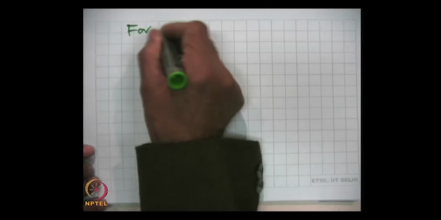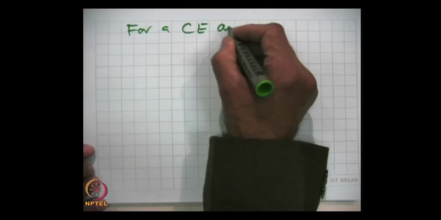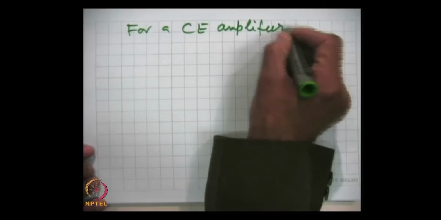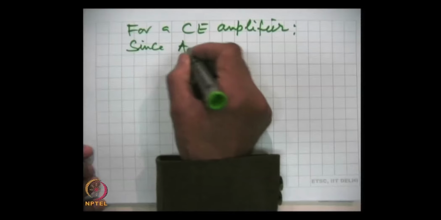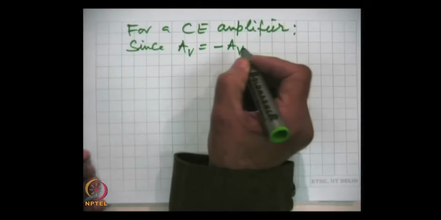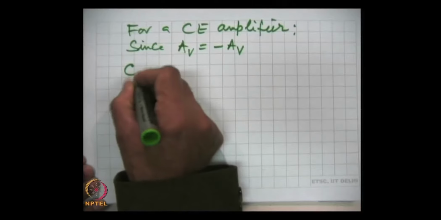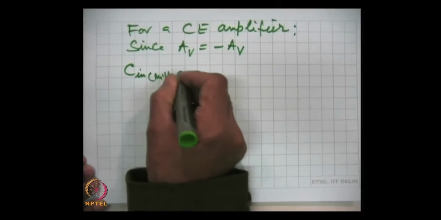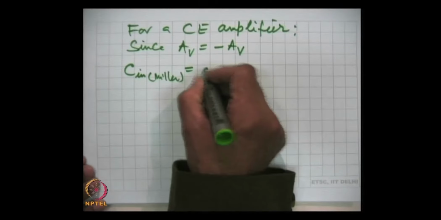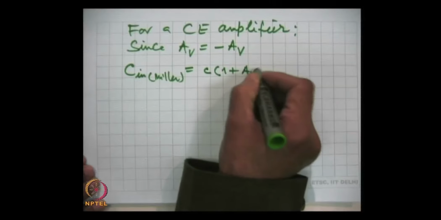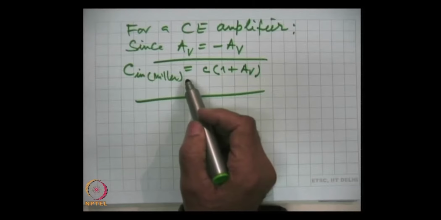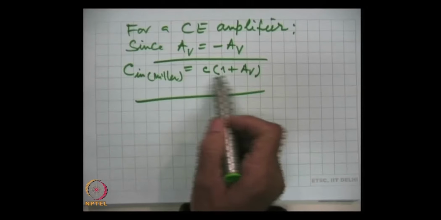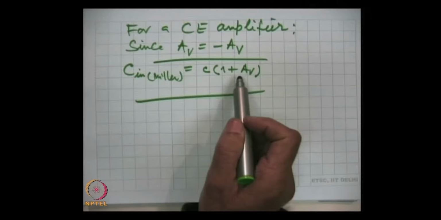For a CE amplifier, since A V is equal to minus A V, then C in Miller is equal to C into 1 plus A V. The capacitance at the input which will come in the shunt at the input is multiplied almost by the voltage gain.